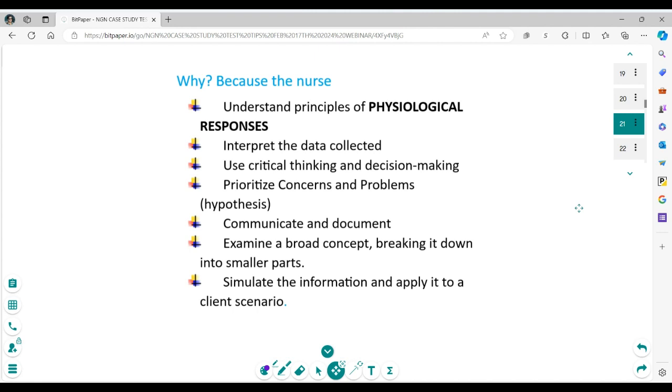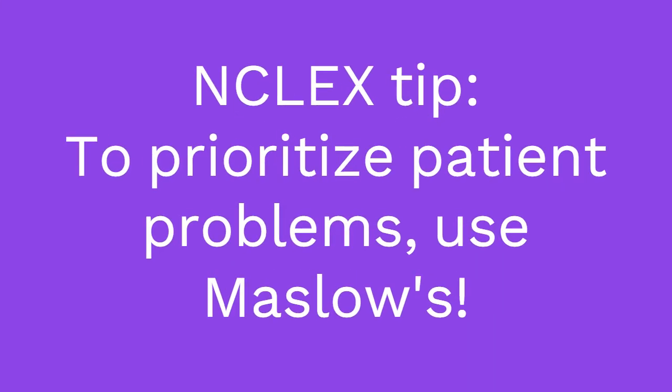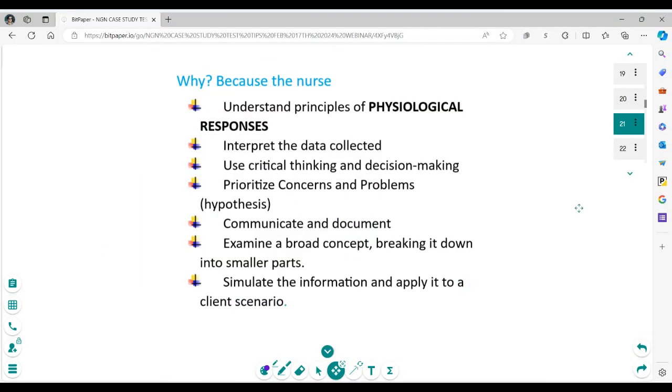You're going to have to pull out that data that you recognize that's abnormal and interpret the data that was collected. You're going to have to use your critical thinking and decision making and allow that to also guide you in how to prioritize. Remember, patient problems are within Maslow's. So, according to the hierarchy of need, what concerns that you have about the patient are a priority.